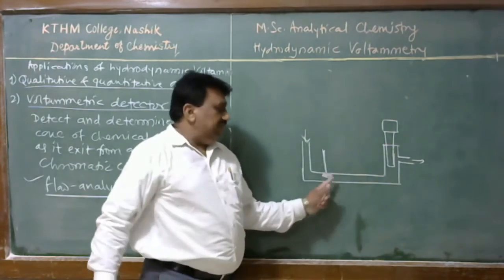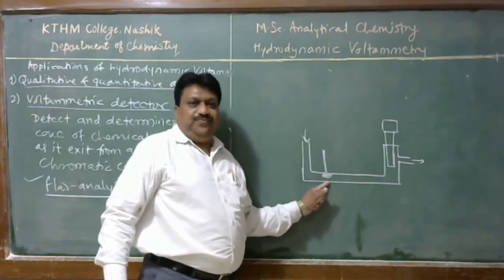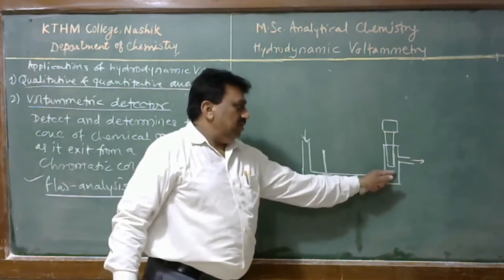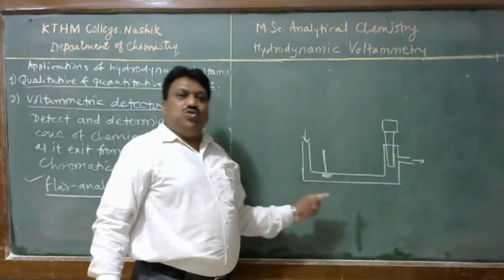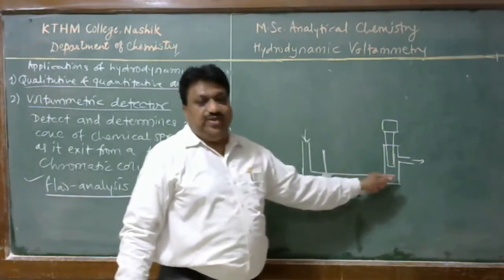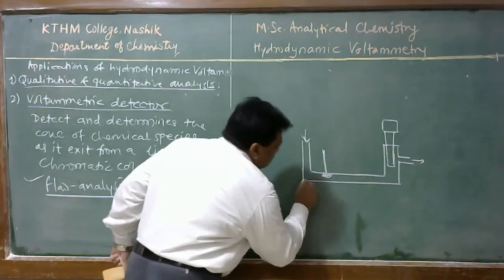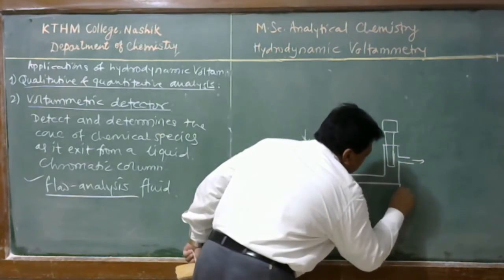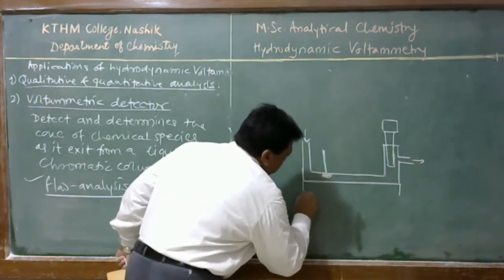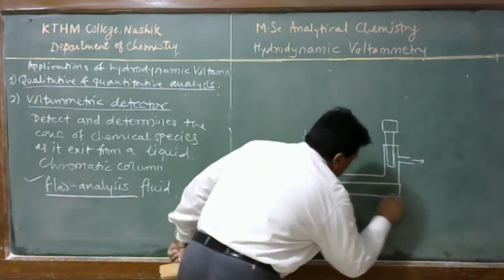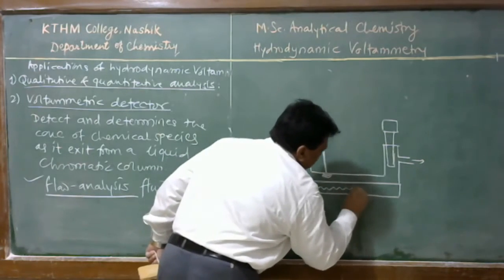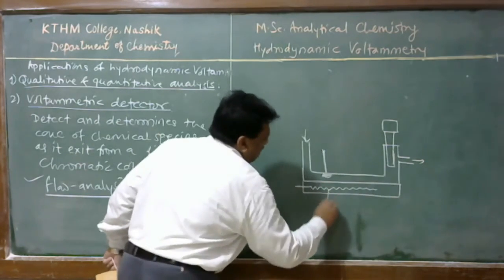Therefore, the working electrode is mounted in a tube or in a path through which the analyte solution or column effluent is flowing. This tube is separated by a porous partition or a thin spacer, which consists of a counter electrode. Therefore, this is a counter electrode.